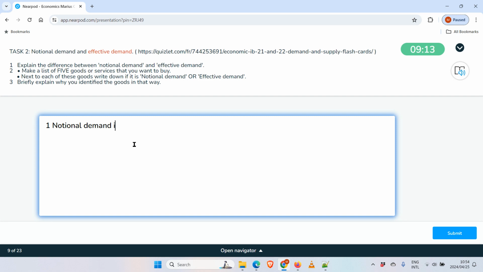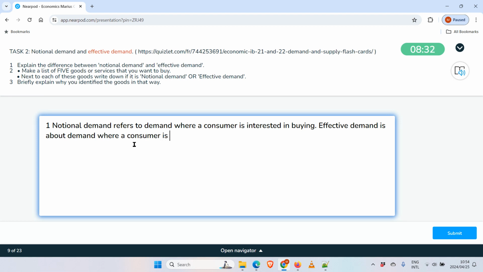For example, they may say notional demand refers to demand where a consumer is interested in buying, and effective demand is about demand where a consumer is able to purchase a product. This is what the student may want to enter.